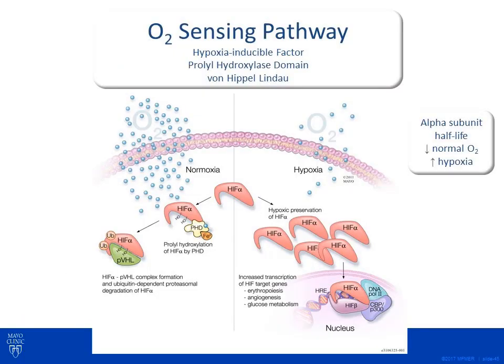So here's a nice diagram illustrating all that. Off to the left, we have the normal situation where we have abundant oxygen. You can see that's illustrated by little molecules. In this situation, we get binding of the PHD molecule to the HIF with oxygen present.